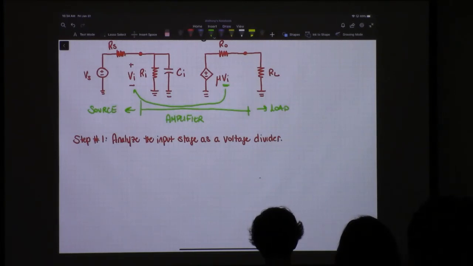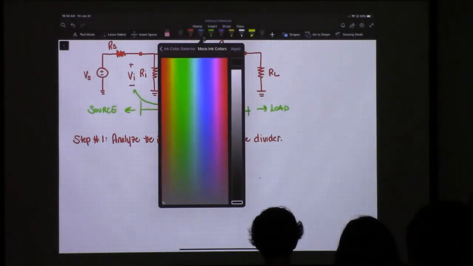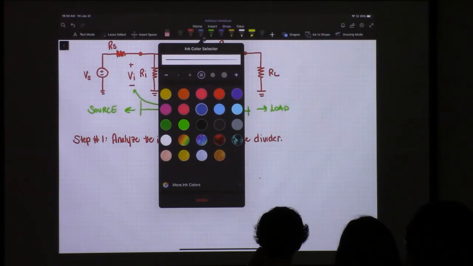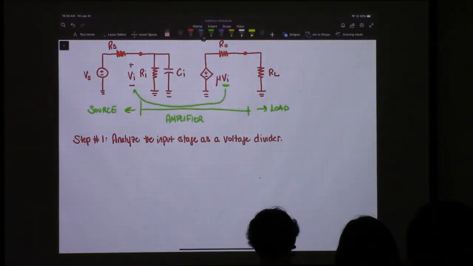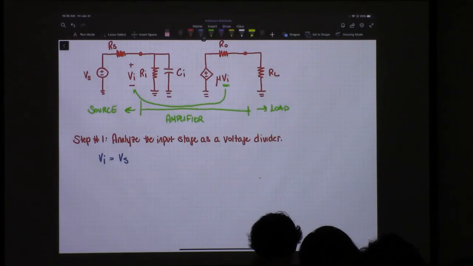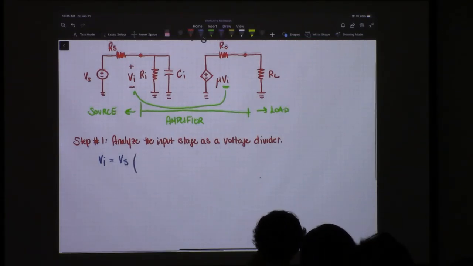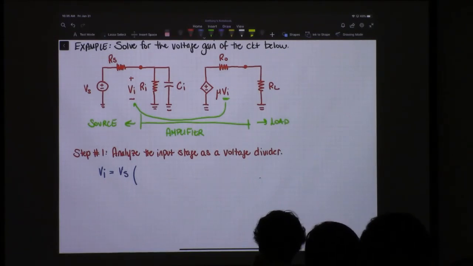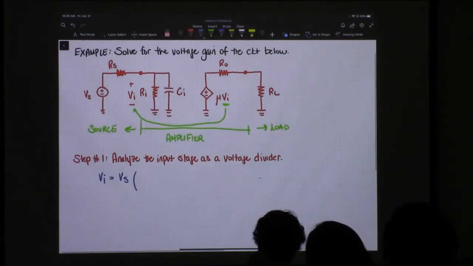All right, so in the simplest form, I know we're getting sick of this, voltage divider, again, VI equals VS times, and what I'm going to do is group these two together for a second.